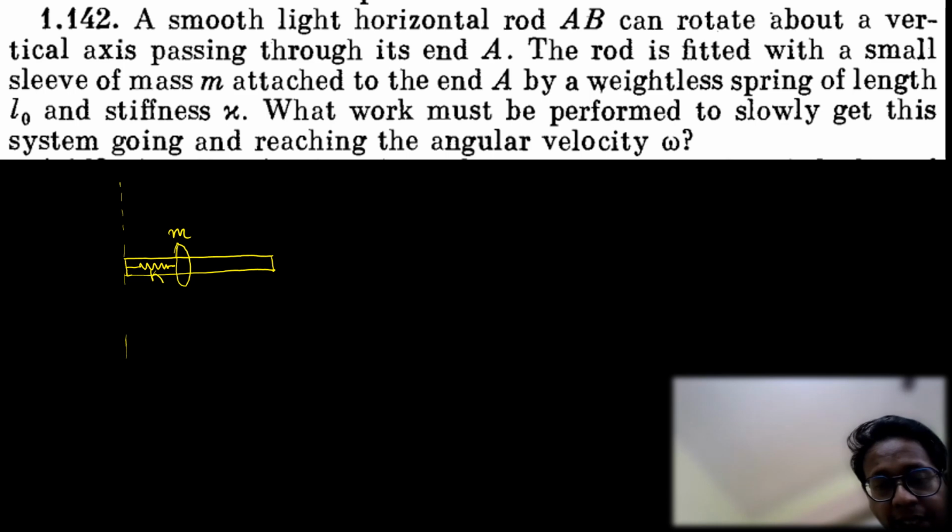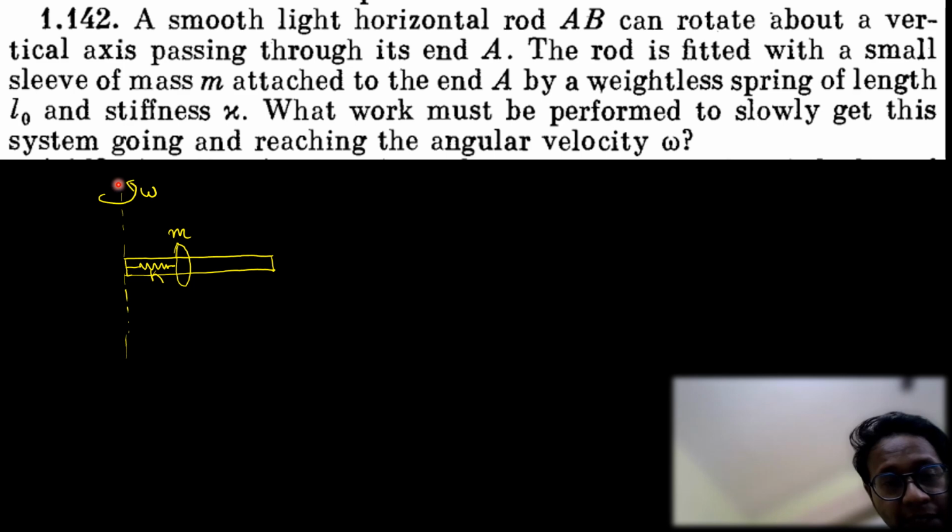Initially the entire rod was static, that means it was not rotating. Now, as soon as I start rotating, after some time it will reach equilibrium, and I'm seeing the system when it is rotating with angular velocity omega.